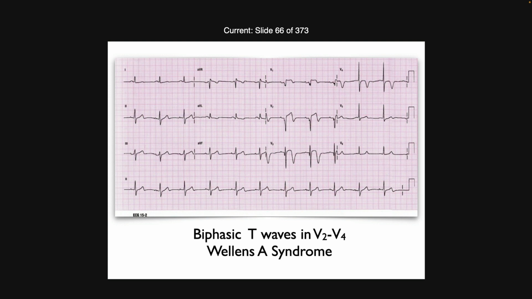The problem is, while it's not very common, amongst our patients it's a lot more common than in the general population. So you could just call it Wellens, or say biphasic T's in V2, V3, and be ready to say, of course, that's a strong indicator of an LAD occlusion.